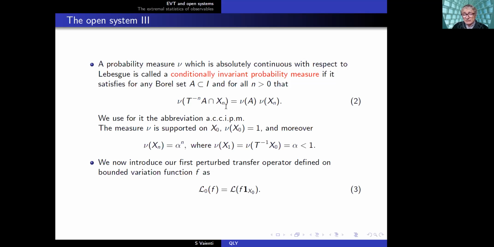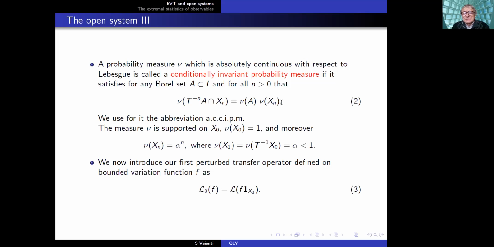Here we cannot have this because the points could get into the hole. So we have to condition on the surviving set at stage n. Basically, when we take the iterate of order n, I have to condition on the set of points which are still in the interval and did not enter the hole, and this gives rise to the definition of conditional invariant probability.